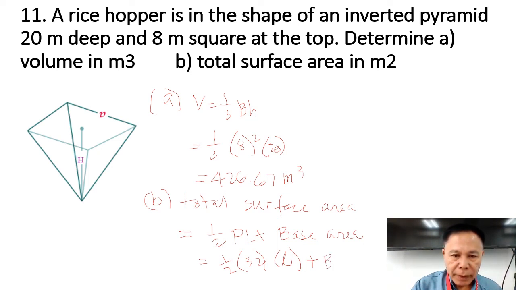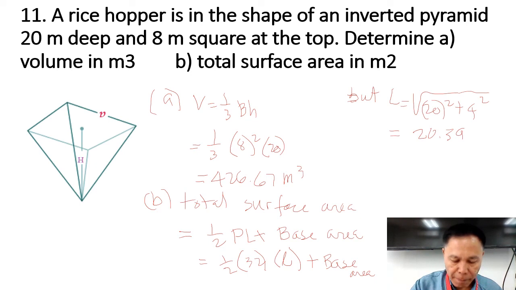Your L is equivalent to the square root of 20 squared plus 4 squared, which equals 20.39 meters.